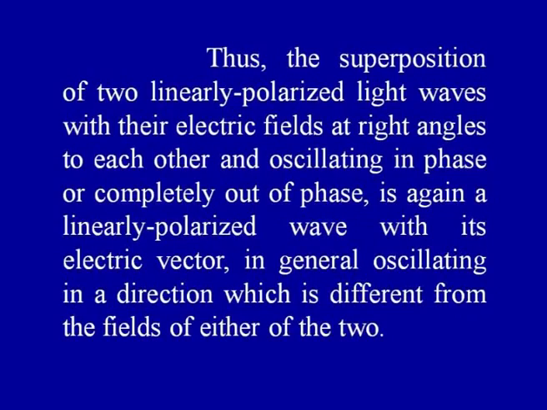Thus, the superposition of two linearly polarized light waves with their electric fields at right angles to each other and oscillating in phase or completely out of phase. Okay, just these two conditions.